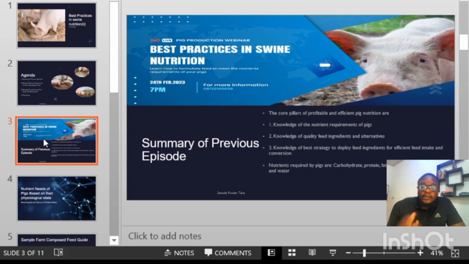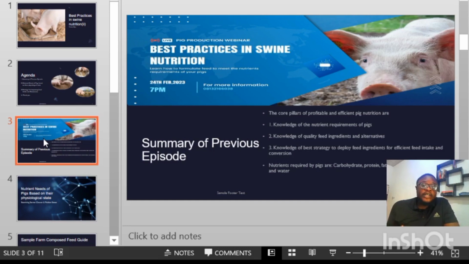The very first thing that the farmer needs to know, especially when you are developing a homegrown feeding system for your farm, where you want to compound your own feed using an array of materials, is what the nutrient requirements of pigs are. It is very important that you recognize that. Secondly, having known the nutrient requirements of pigs, you should now know the nutrient requirements of pigs based on their physiological states. After that, you should also have a knowledge of quality feed ingredients and their alternatives.